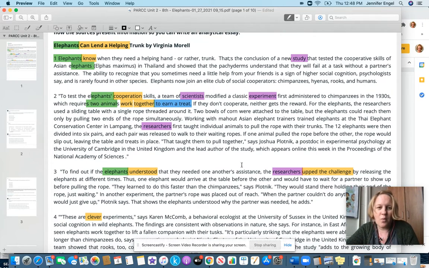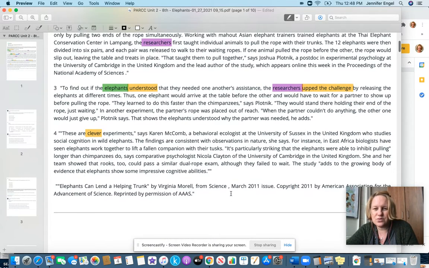I wonder why they want to challenge the elephants, but let's see if there's any more repeated words or any clues about that. Again, I'm seeing lots of the elephant words over and over again, so we know that this is about elephants, right? Let's see.